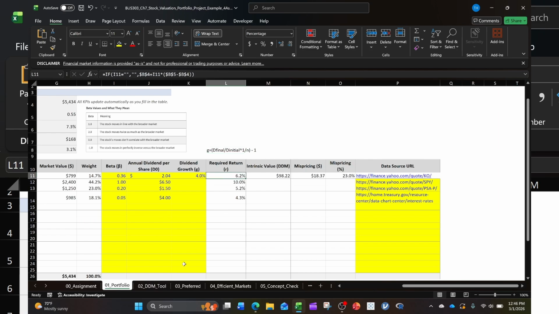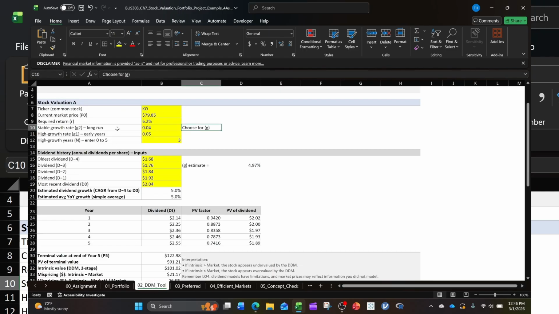But for the dividend growth we're going to use, and typically is what is used, is the long run. This is what you choose for your G. This is the stable growth rate.